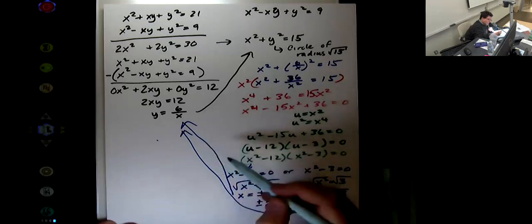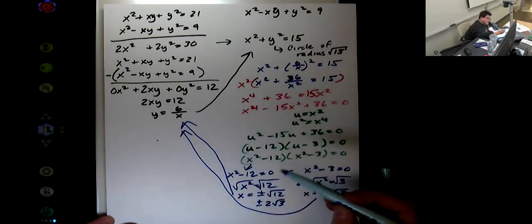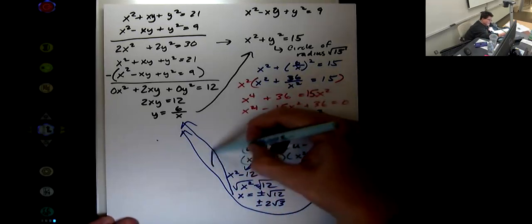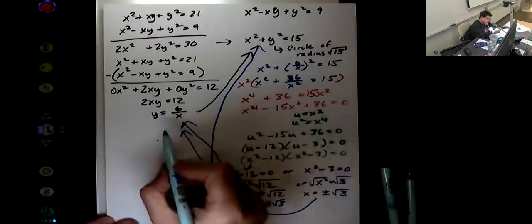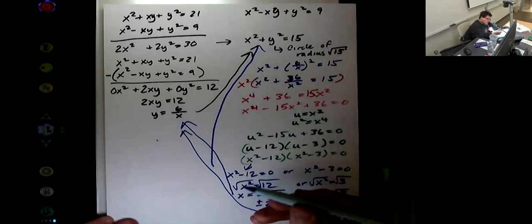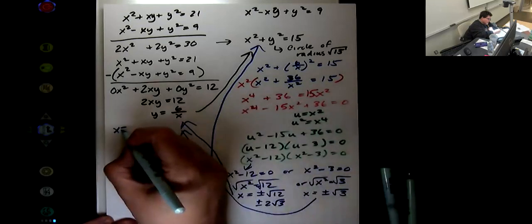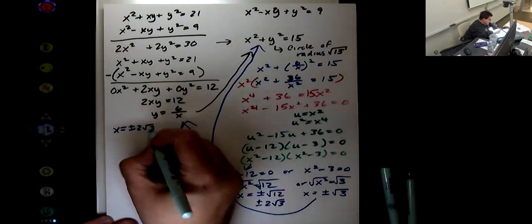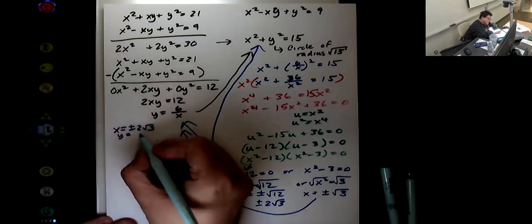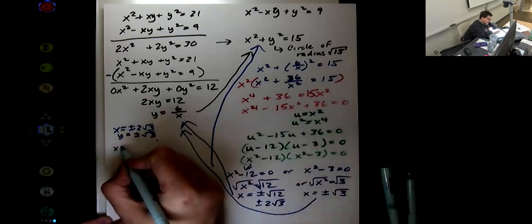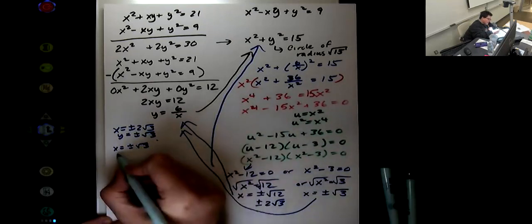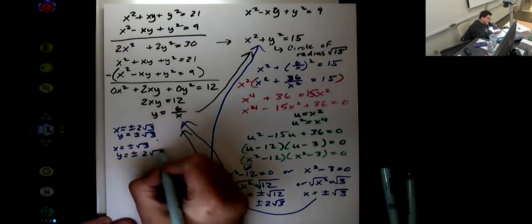We actually need to plug them in up here. When you do x equals plus or minus 2 root 3, you're going to see y equals plus or minus square root of 3. And when you do x equals plus or minus square root of 3, you're going to see y equals plus or minus 2 square root of 3.